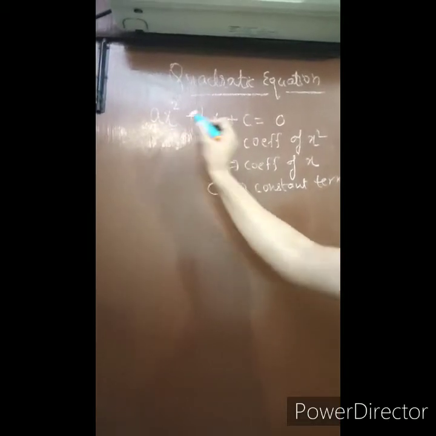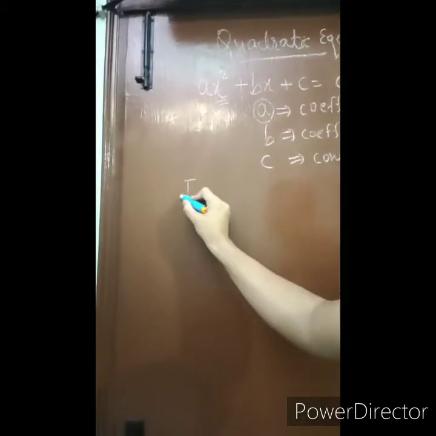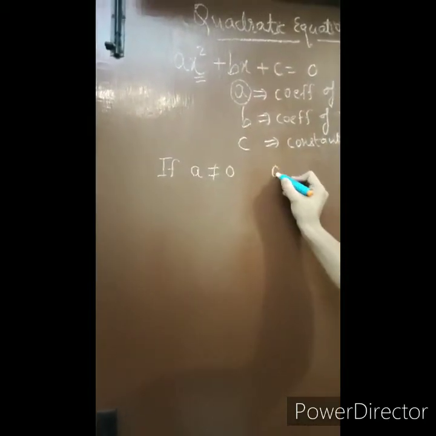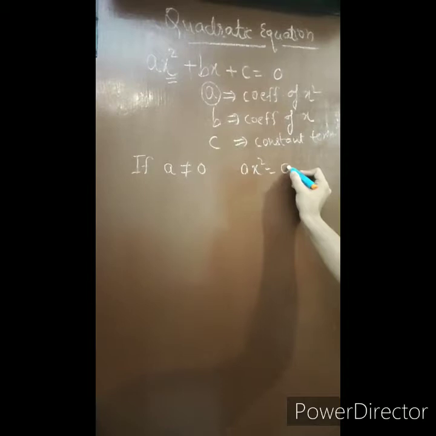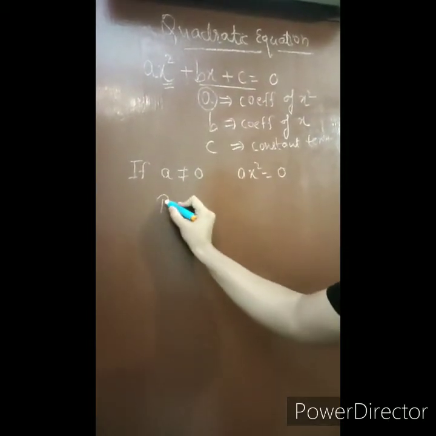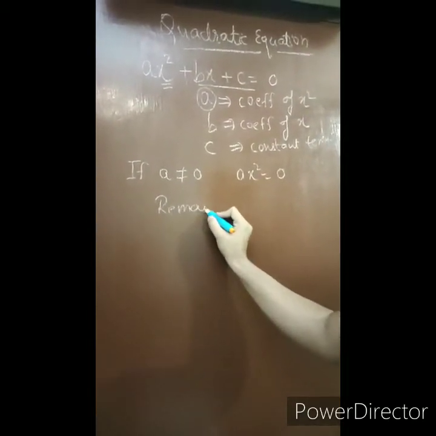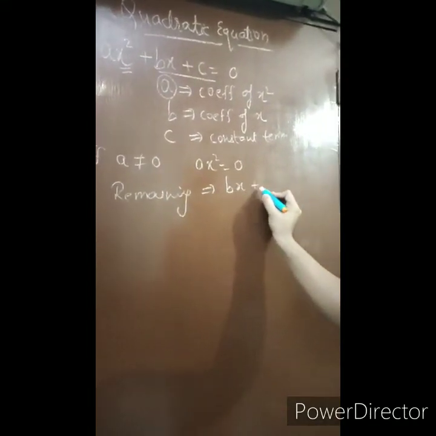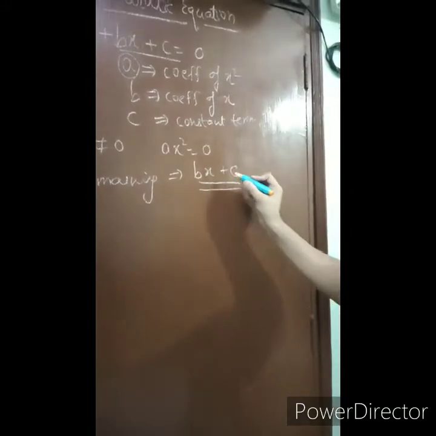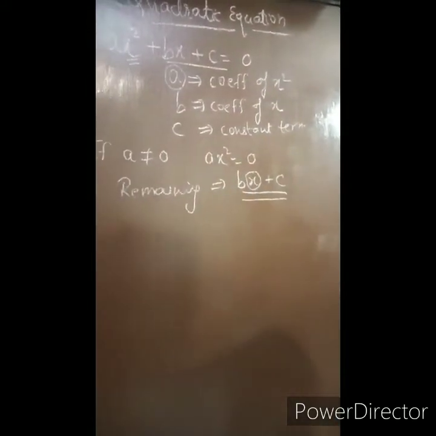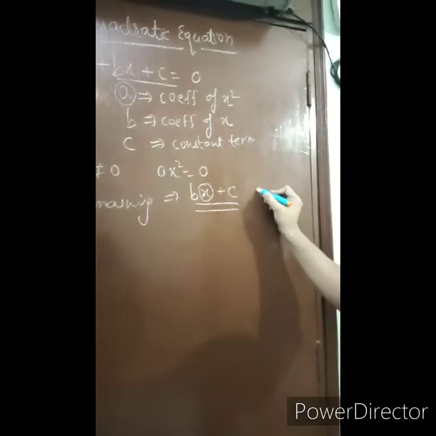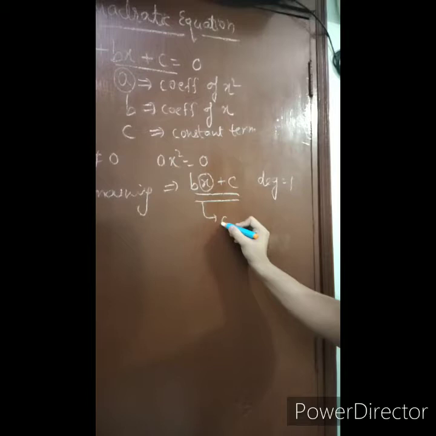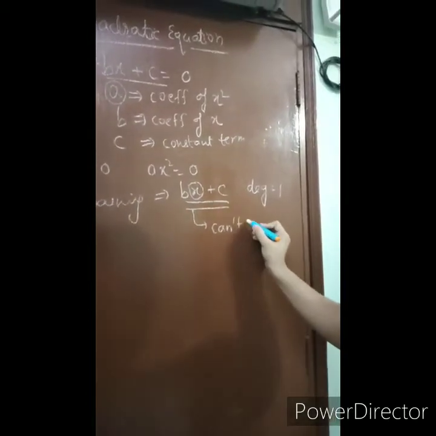Here we see about a. A is the coefficient of x square. So if a becomes equal to 0, then the whole ax square becomes equal to 0. Then the remaining term will be bx plus c, and we see here the power of the variable x becomes equal to 1. That means its degree is 1, so it cannot be a quadratic equation.